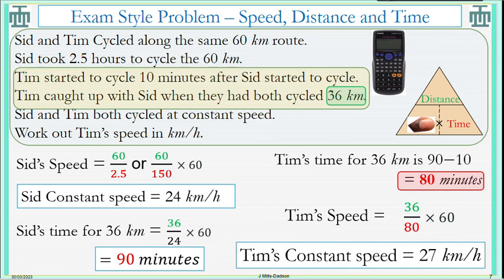And that gives us 27 kilometers per hour. So that means that Tim's constant speed within that time is 27 kilometers per hour. And Sid cycled at 24 kilometers per hour after 36 kilometers. Then from there, they both cycled at a constant speed.